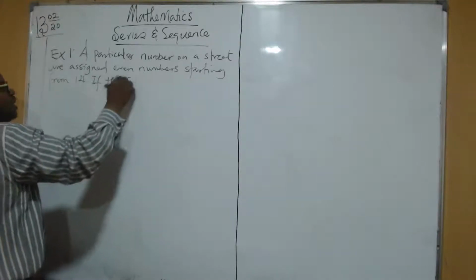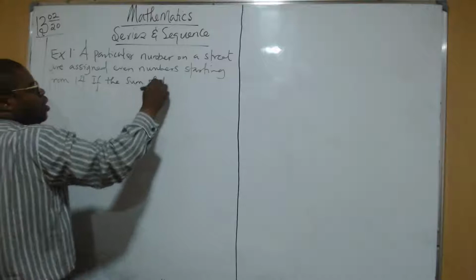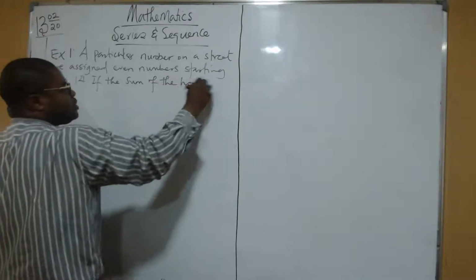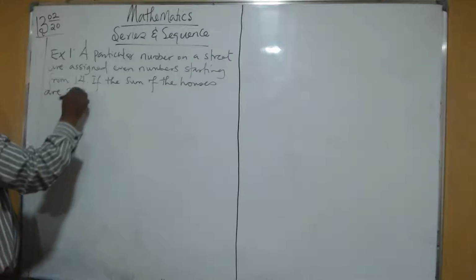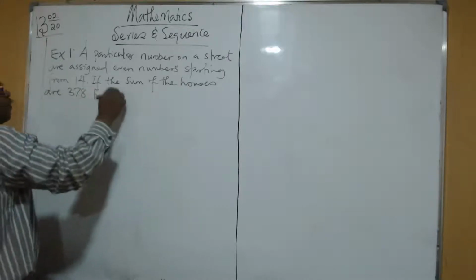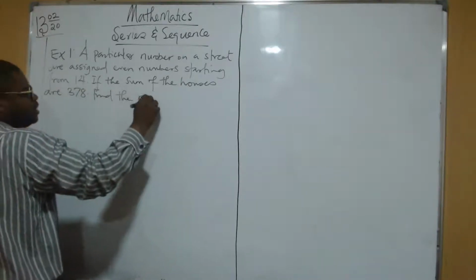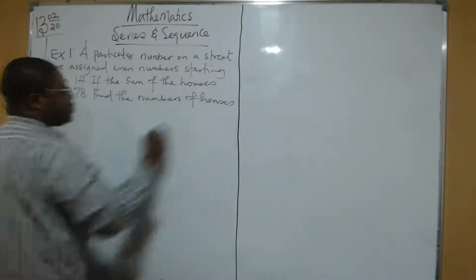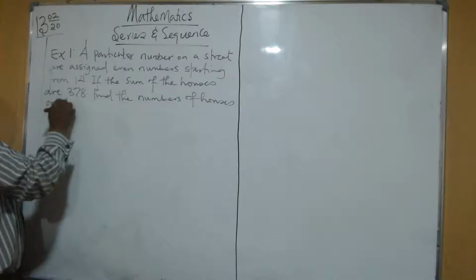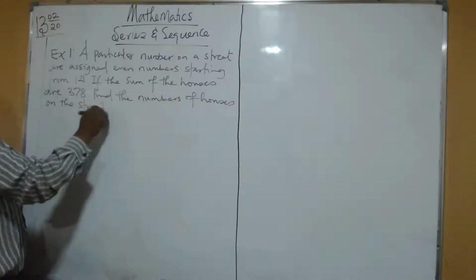If the sum of the houses is 378, find the number of houses on the street.